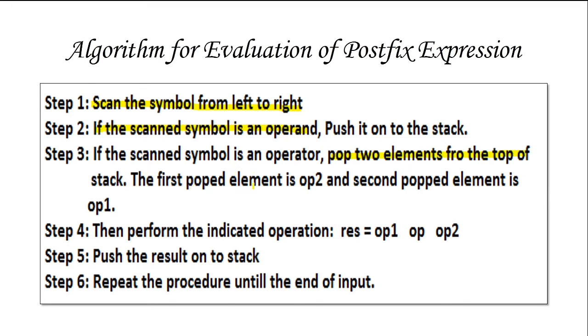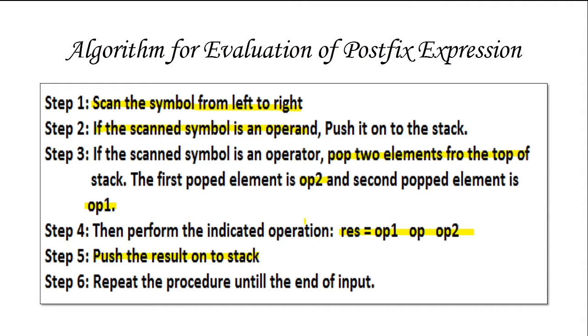The first popped element is OP2 and the second popped element is OP1. Then perform the indicated operation, that is, result is equal to OP1 operator OP2. Then push the result onto the stack. Repeat the procedure until the end of the input.